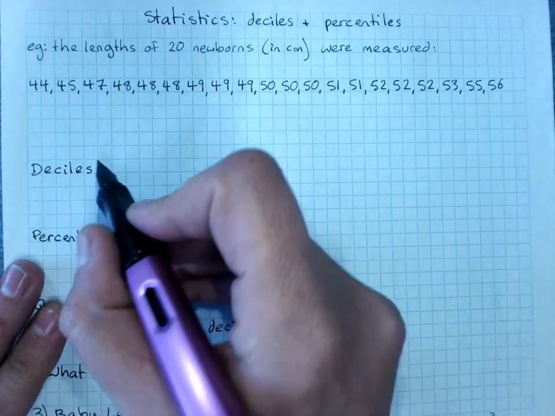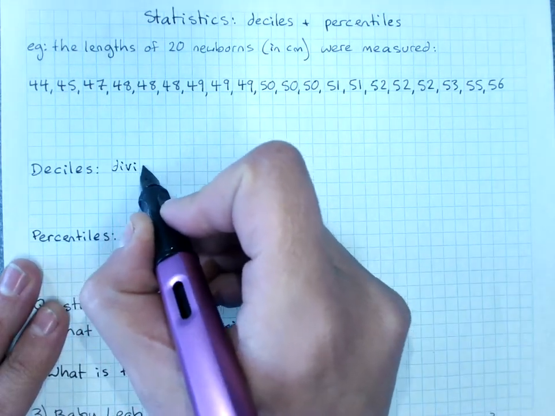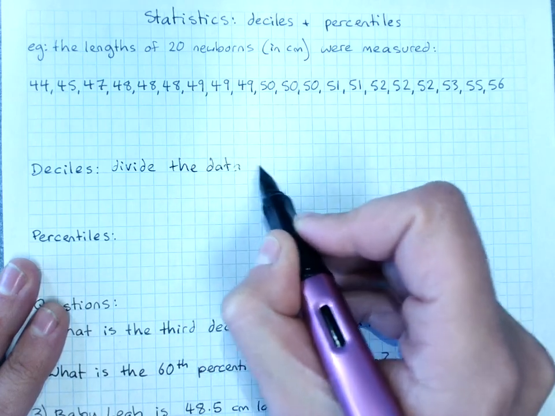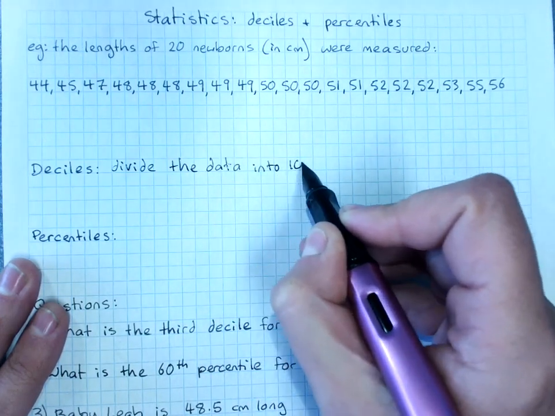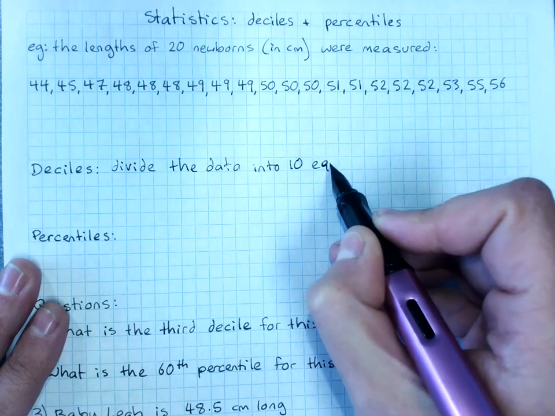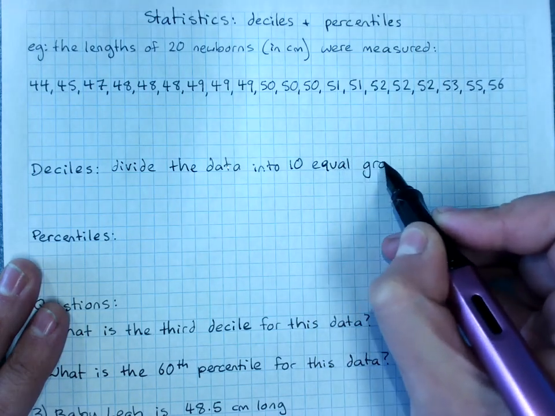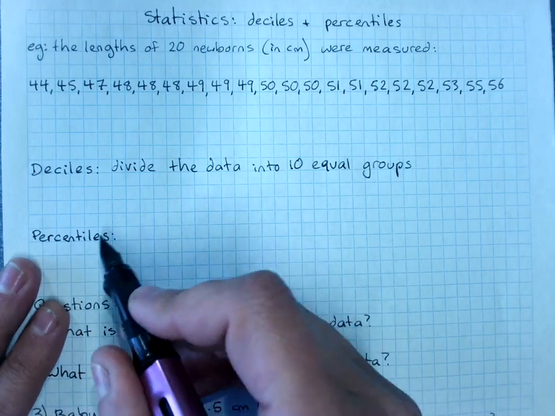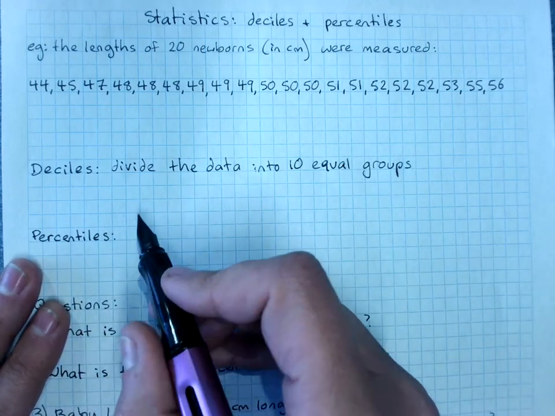So deciles divide the data into 10 equal groups. And percentiles divide the data into 100 equal groups.